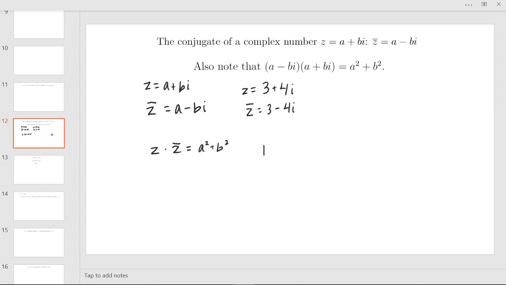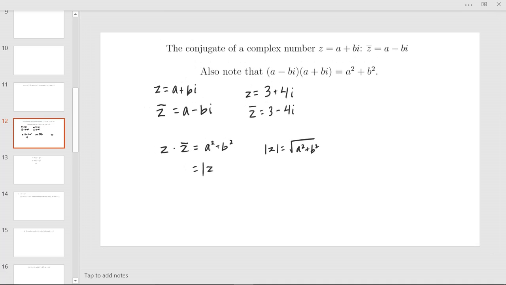Recall that the magnitude of z is equal to the square root of a squared plus b squared. Hence, this is equal to the magnitude of z squared. We will go more in depth in a couple slides.